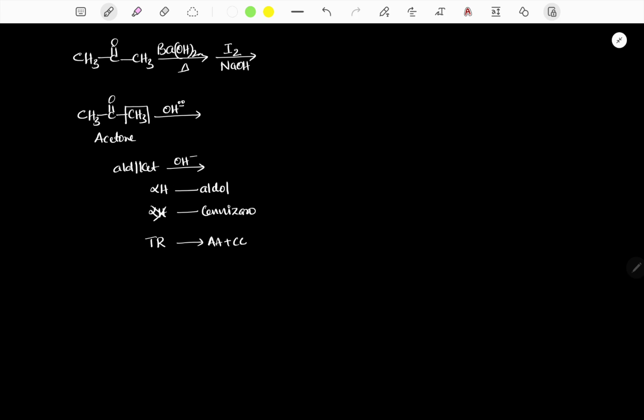Since the alpha carbon has hydrogen, we take another ketone. Now we do aldol condensation. Because of the presence of alpha hydrogen, it undergoes aldol condensation, and finally we get the corresponding product CH3-C(=O)-CH=C(CH3)CH3.